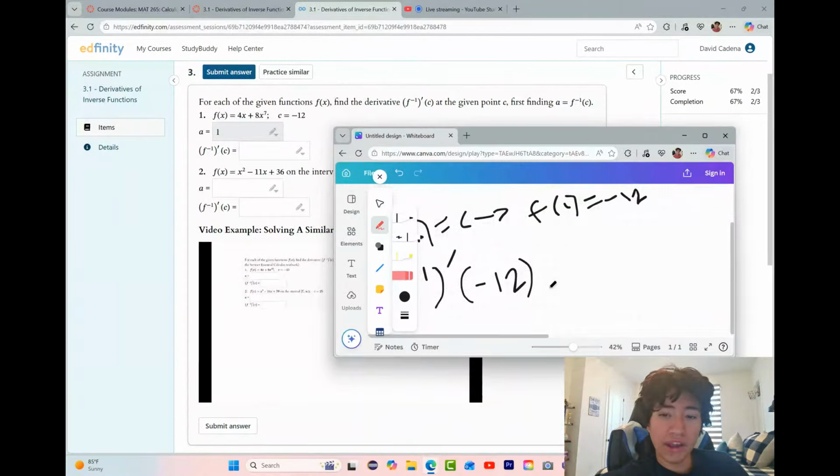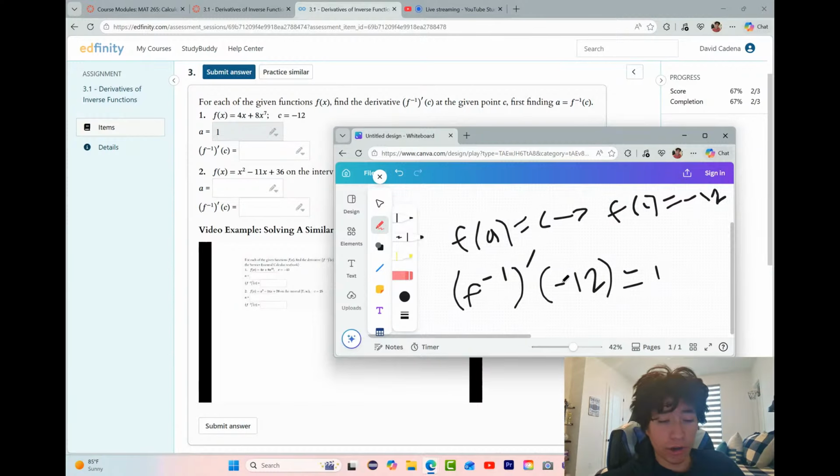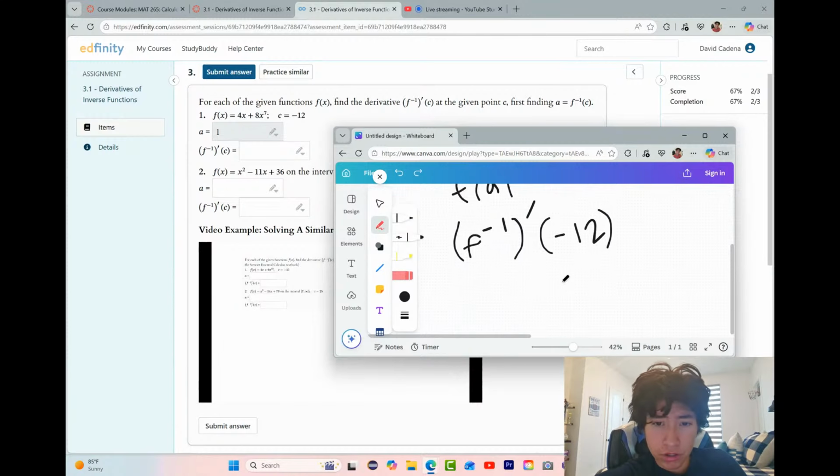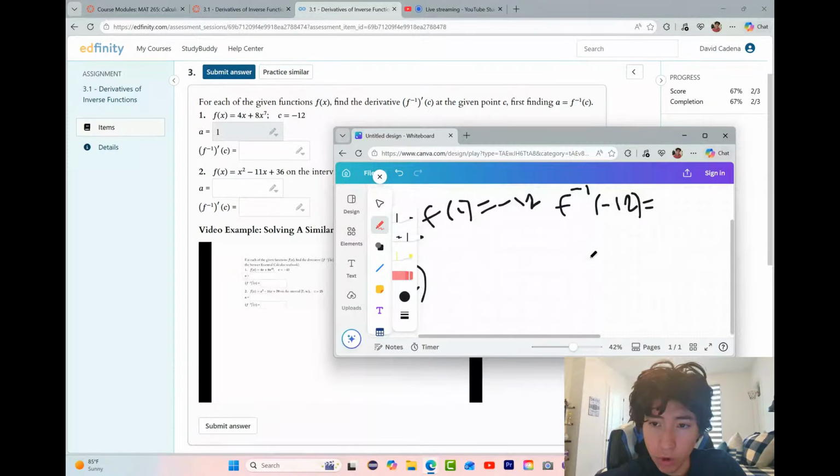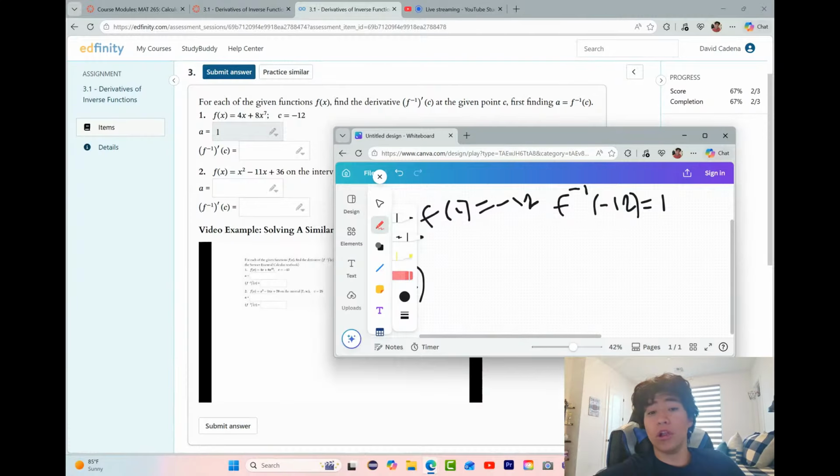Well, by definition, this must be 1, right? Oh, wait, but sorry. No. My bad. So I think what we know is that f inverse of negative 12 equals, well, 1 by definition, right? So we apply the formula.